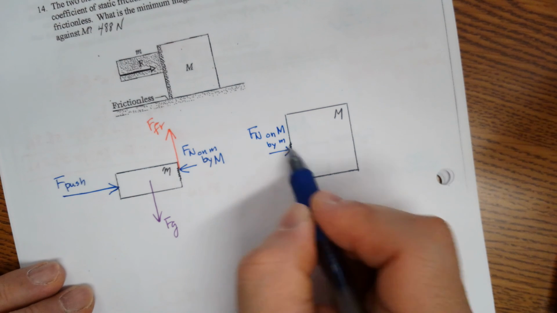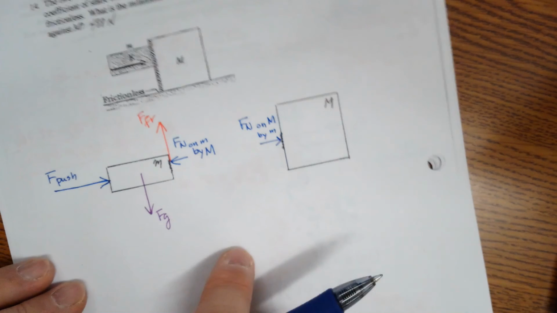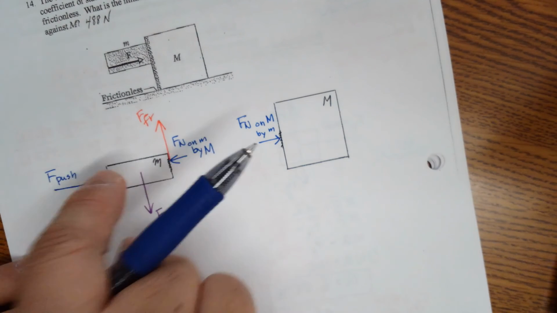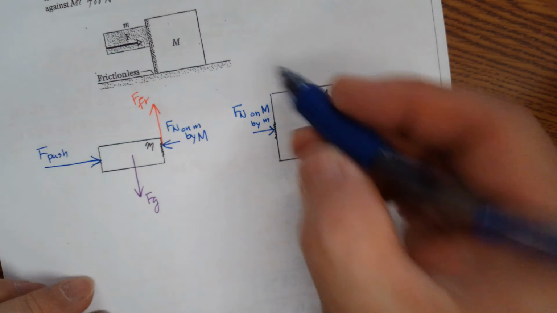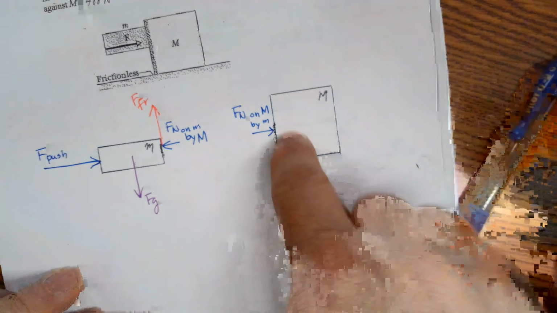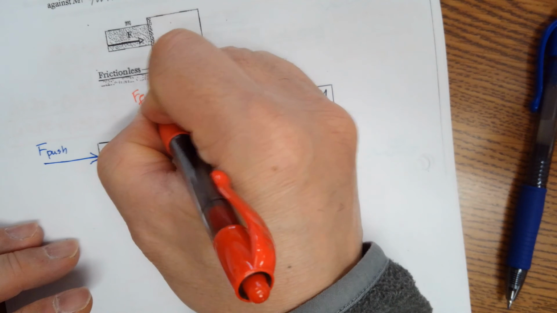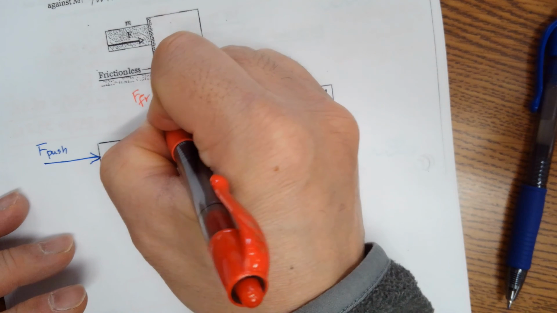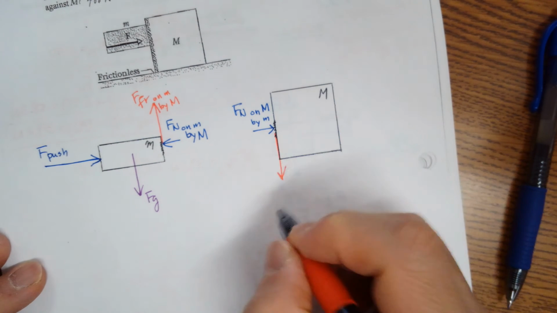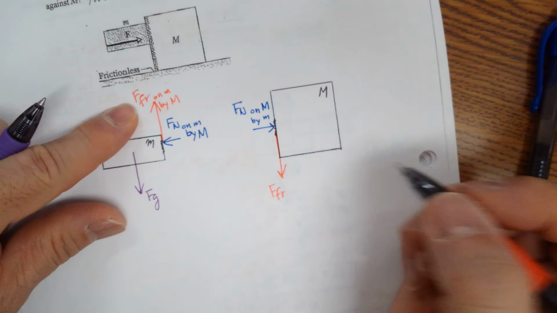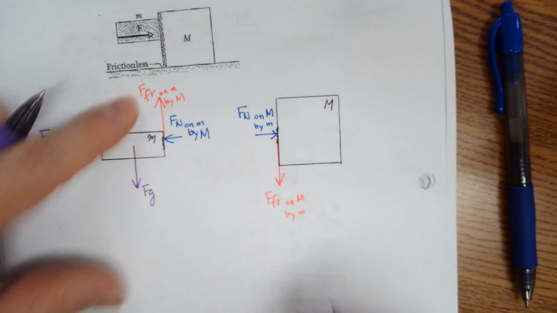This normal force right here is going to make this big M accelerate in that direction. And that acceleration is the same acceleration as this small m. Okay? So if I were to take a look at this friction caused, so friction on small m by big M is going to cause friction here in the opposite direction, which is the same value as this, on big M by small m.